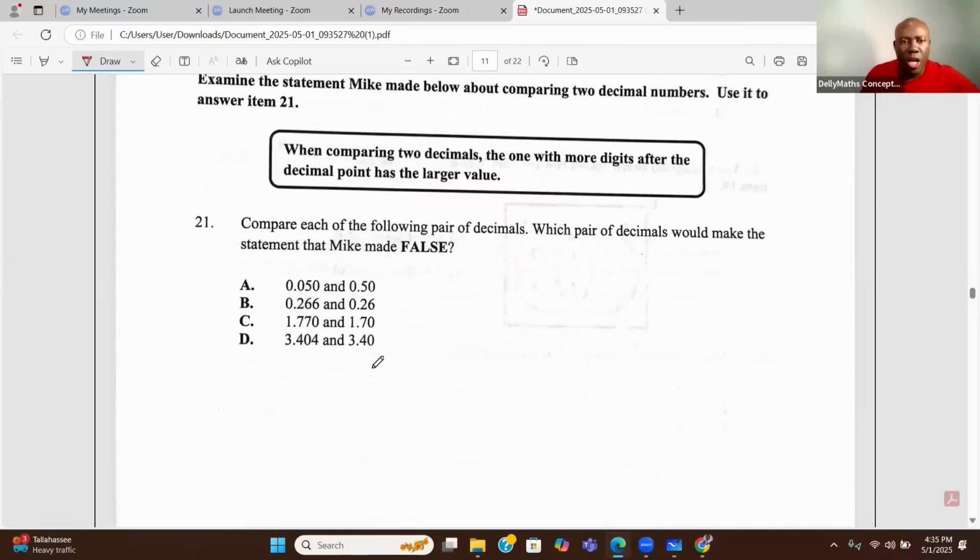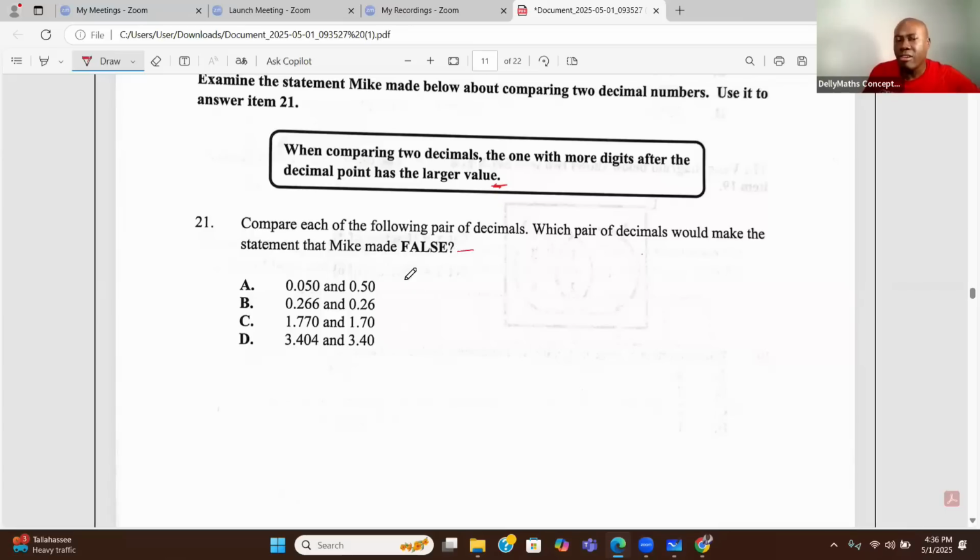Let's keep rolling. Now it says compare. When comparing two decimals, the one with more digits after the decimal point has a larger value. Now it says compare each of the following pair of decimals. Which pair of decimals would make the statement that Mike made false?